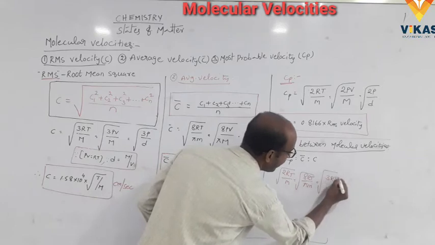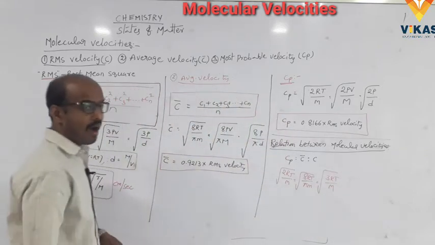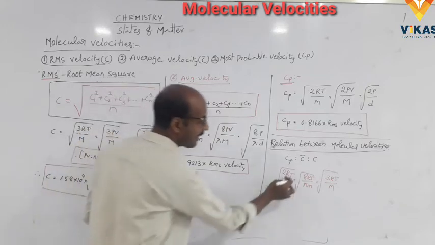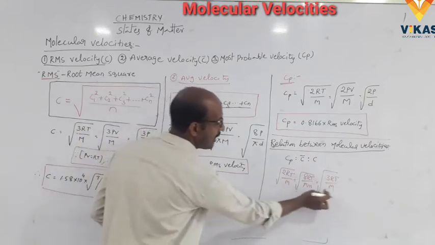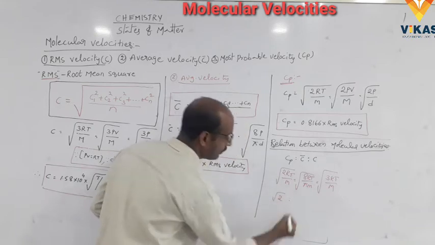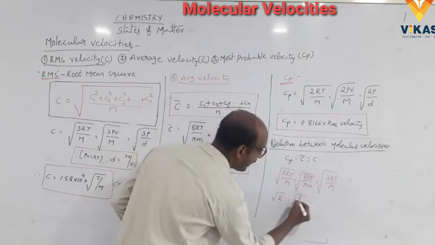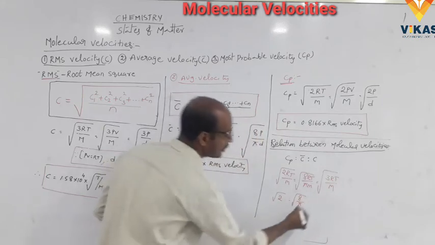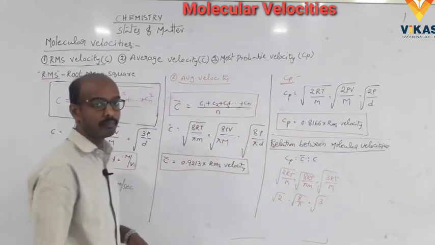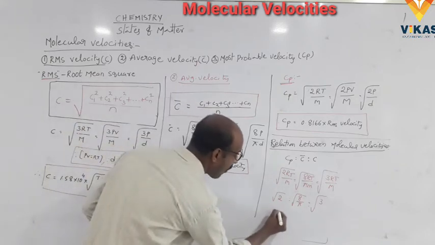RT cancels, m cancels. Finally, we get root 2 is to root 8 by pi is to root 3.